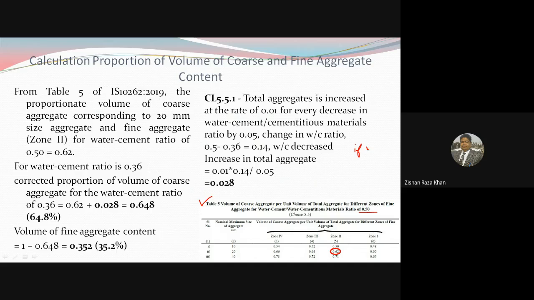If water cement ratio is 0.5, then code is giving the ratio of coarse aggregate to total aggregate.